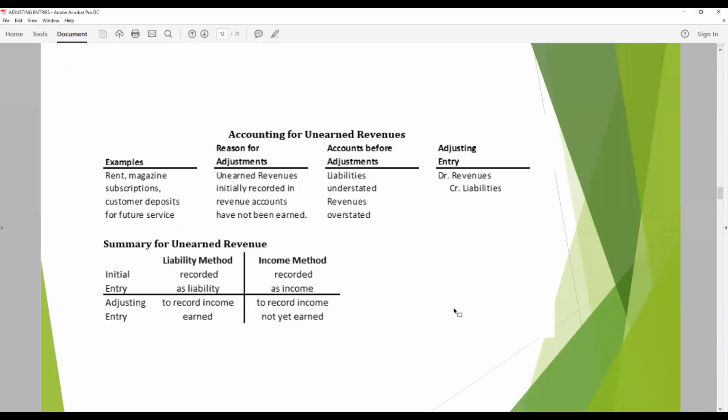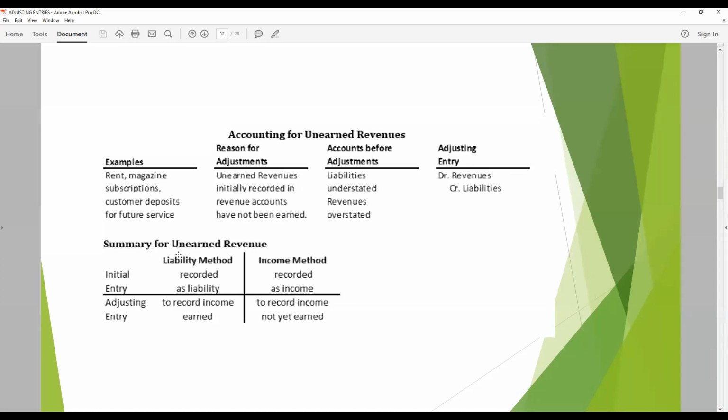Okay? Yan. So accounting for unearned revenues, initial unearned revenues initially recorded in revenue accounts have not been earned. So if you did this income method, your liabilities is understated and your revenues is overstated. The adjusting entry under income method is debit revenues. You deduct your revenues for the unearned portion and credit liabilities. So you have the summary for unearned revenue.